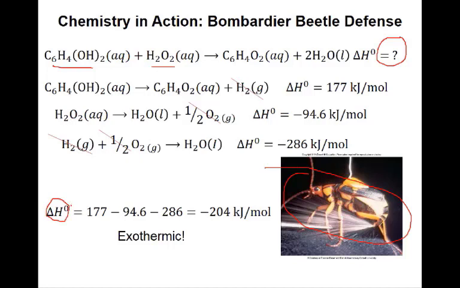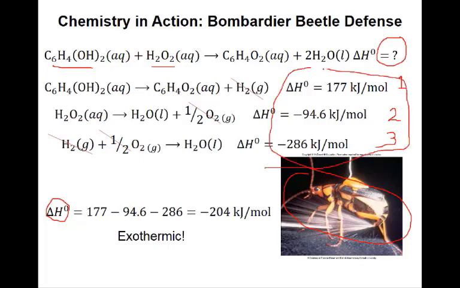In this interesting example, we don't need to multiply, we don't need to divide, we don't need to reverse any equation, we don't need to change any equation. This is equation 1, this is equation 2, and this is equation 3, and these are the delta H for all these 3 steps.